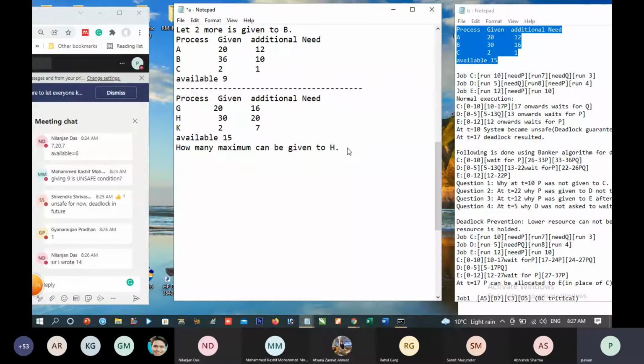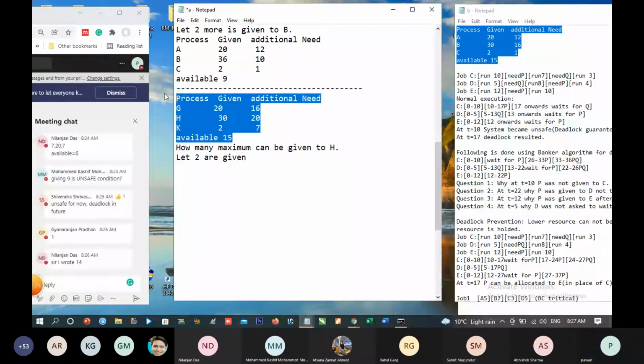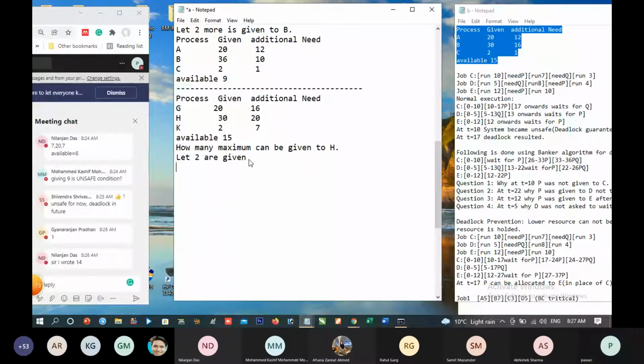Let 2 are given. What is going to happen? H will have additional need of 18 and this will be 32.